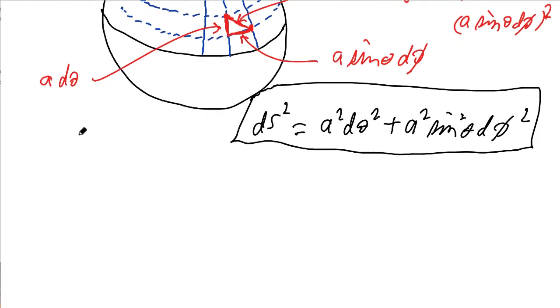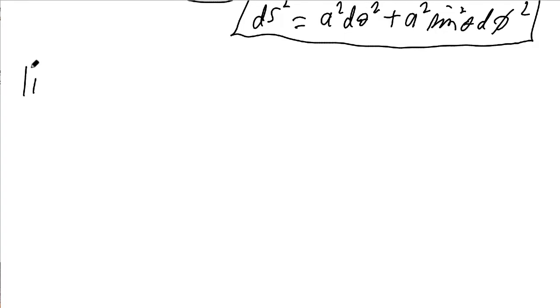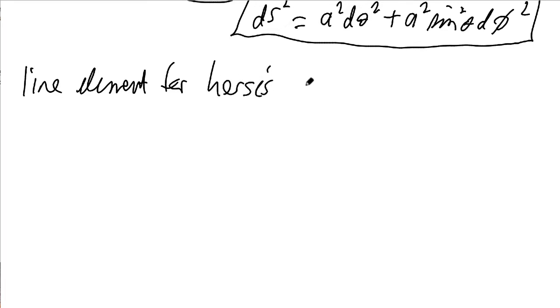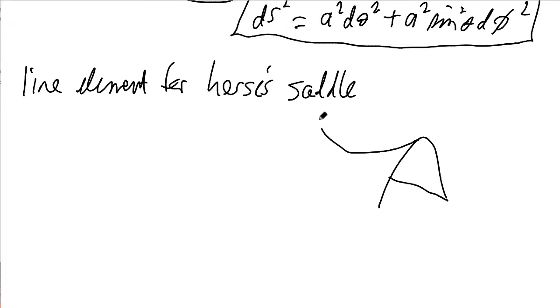As a final example, let's look at the line element for the horse's saddle. All right, and here's the horse's saddle once again. Let's use the fact that we're depicting this as a two-dimensional surface embedded in Euclidean three-dimensional space.